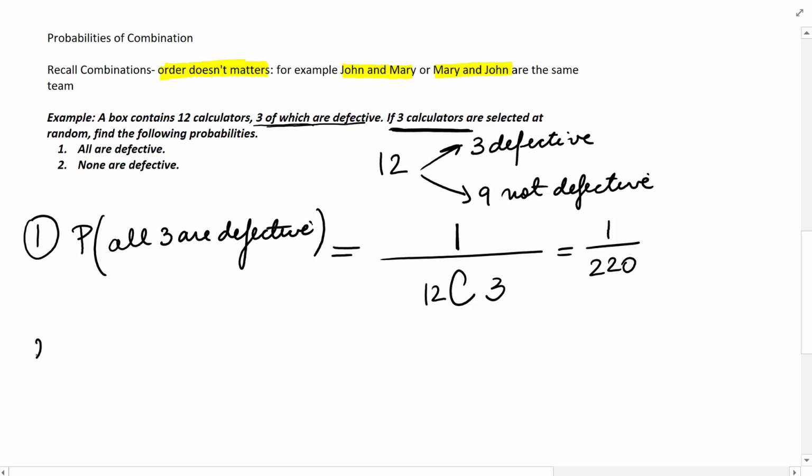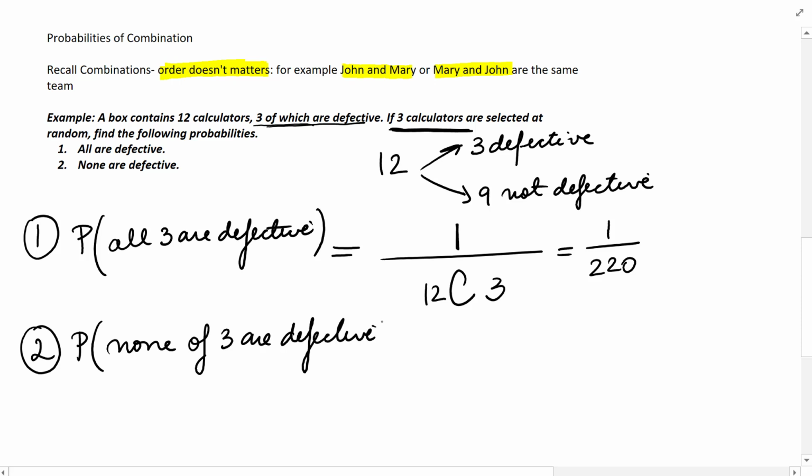Now the second one is the probability that none of the 3 are defective. So now the probability is given by, well, at the denominator we still have 12 taken 3 times, but at the top I want to write all the possibilities of drawing no defective calculators.